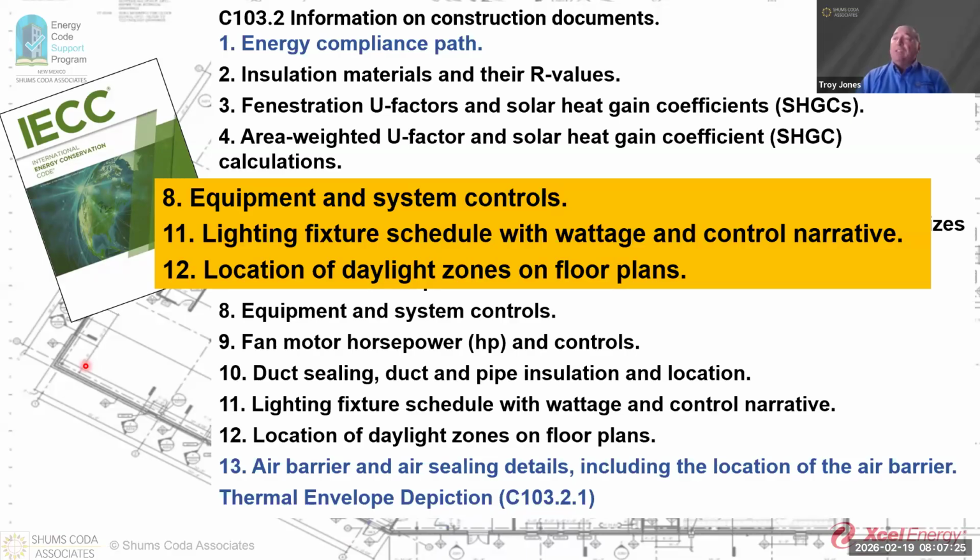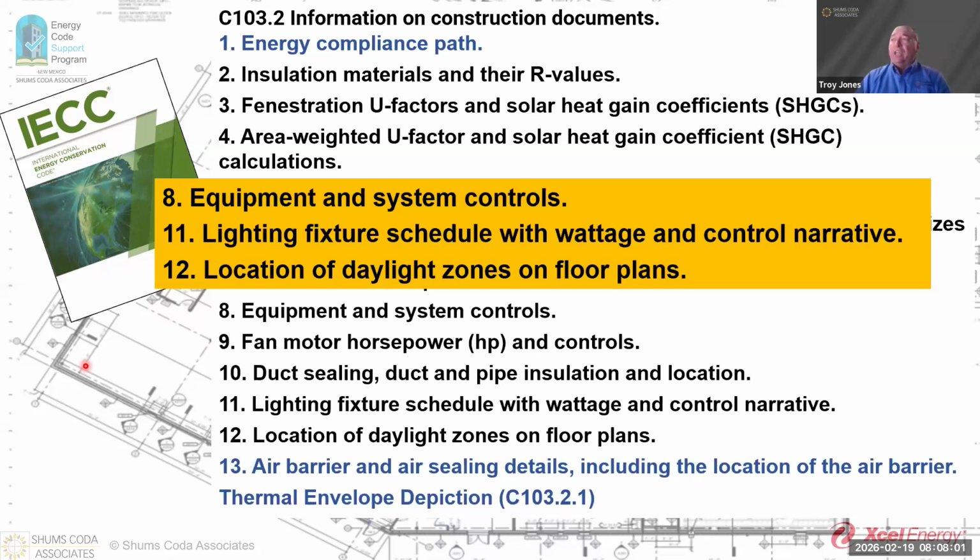So here, equipment system controls, item number 8. Item number 11, lighting fixture schedule and wattage and control narrative. That control narrative is huge for us on daylighting zones. We need to know where the daylighting sensors are at, how they're configured, how they're adjusted, and how they work with the rest of the lights in the room, as far as automatic sensors, timers, all of those good things that are required.